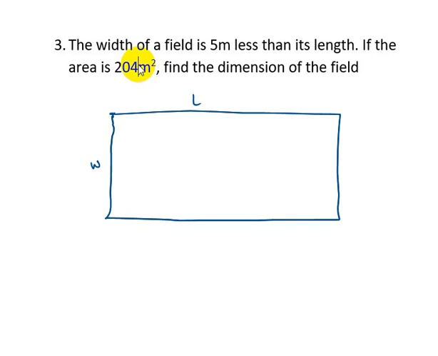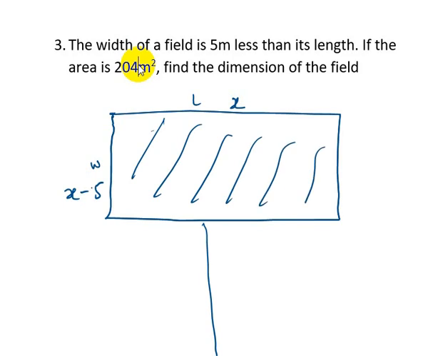So if the length is x, then the width will be 5 meters less, so x minus 5. You understand? Because they said the width is less. So if the length is x, then the width will be x minus 5.